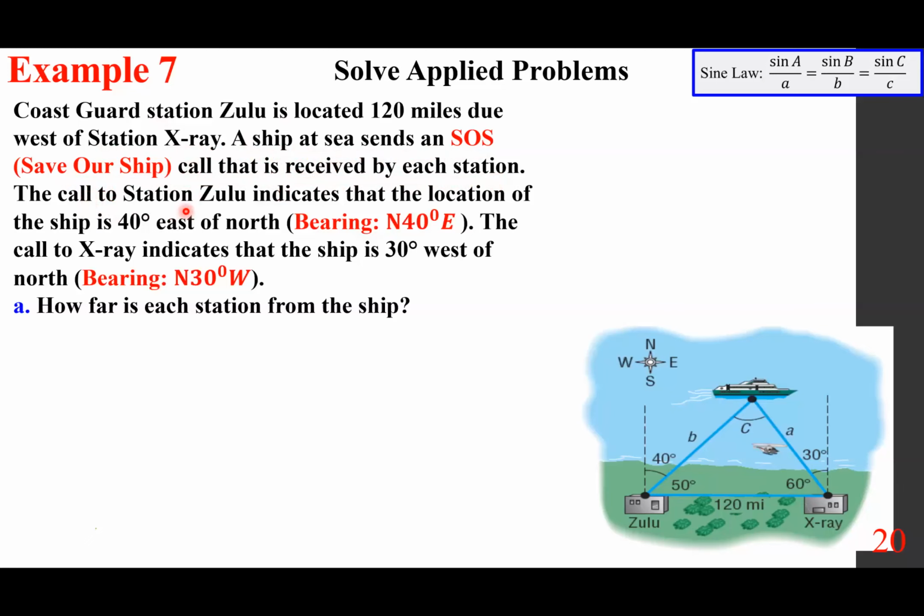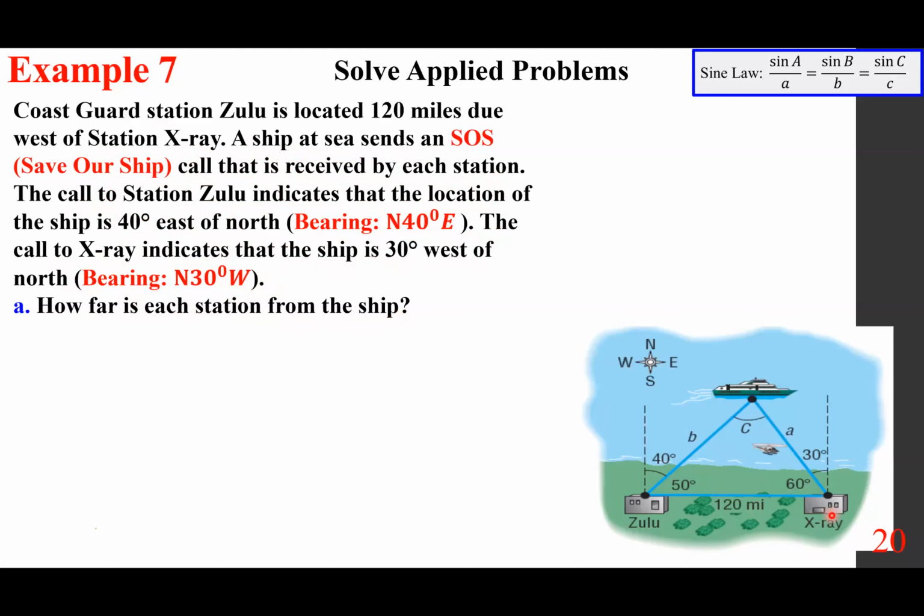The call to Station Zulu indicates that the location of the ship is 40 degrees east of north, bearing N 40 degrees east. And the call to X-ray indicates that the ship is 30 degrees west of north, bearing N 30 degrees west. How far is each station from the ship? Excellent.